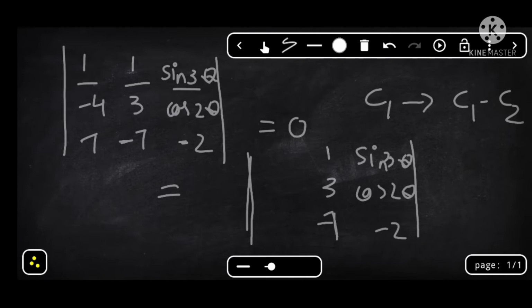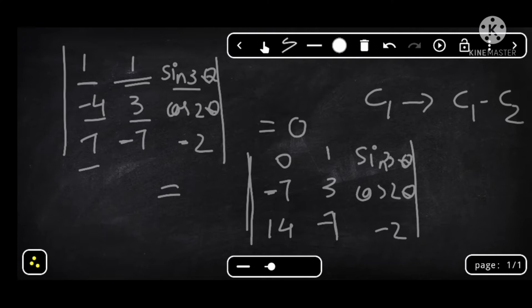Now C1 will be, so C1 minus C2, so 1 minus 1, 0. Now minus 4 minus 3, so minus 7. And 7 minus minus 7, so that is 14. Fine.